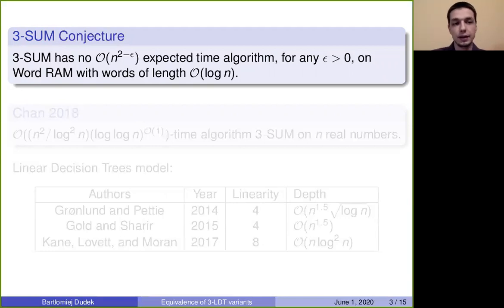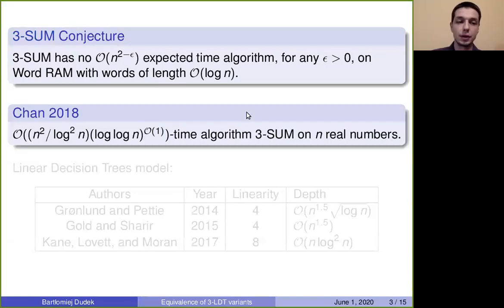And this is really the best we can do, because the best algorithm that we know is by Chan from 2018, who solved the free-sum problem in n squared divided by log squared n times some very small factor. This is currently the best algorithm for free-sum, and it also works for real numbers.